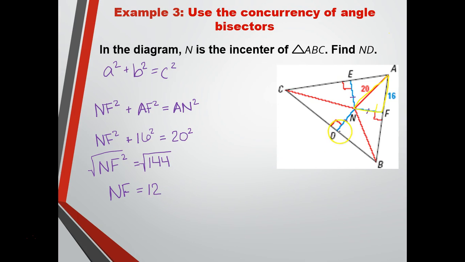So now that we know NF is equal to 12, and we know that all of these distances are congruent to each other, then ND, what we are looking for, is also 12. And there we go. There's our answer.